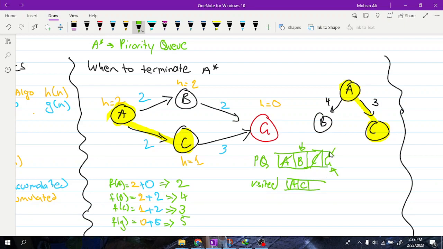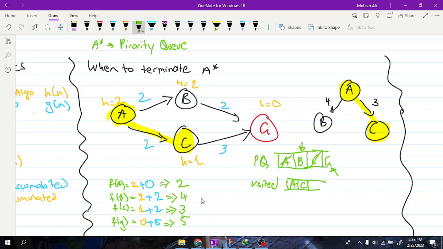If I put G over here, that just means that I visited G, but I shouldn't terminate. I should instead look out if I have any other path which is minimum.